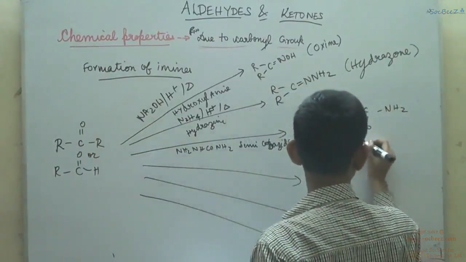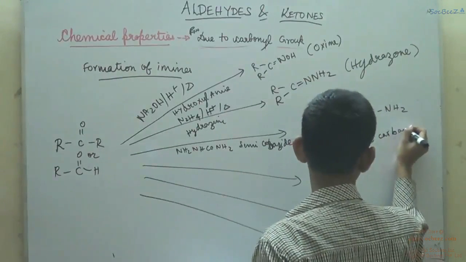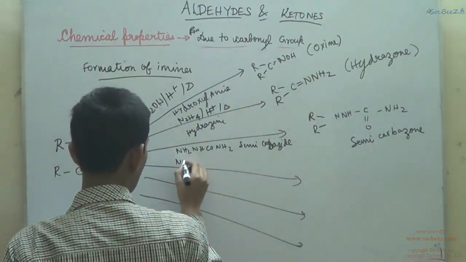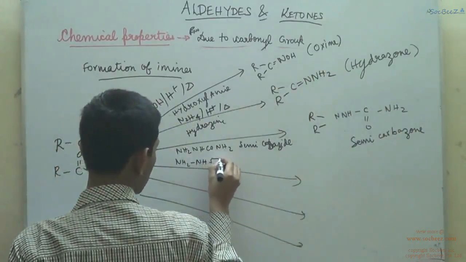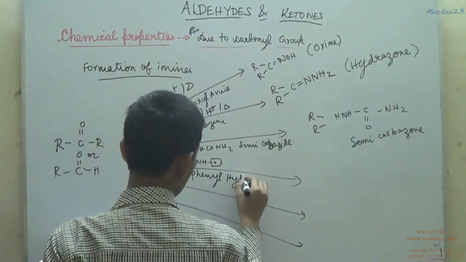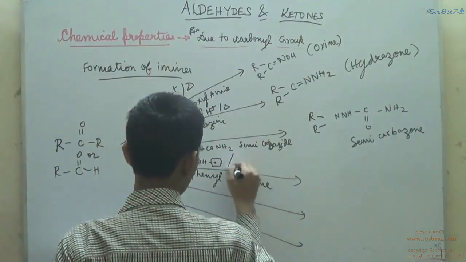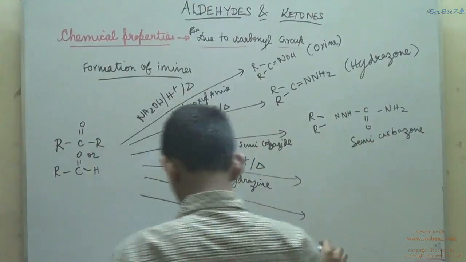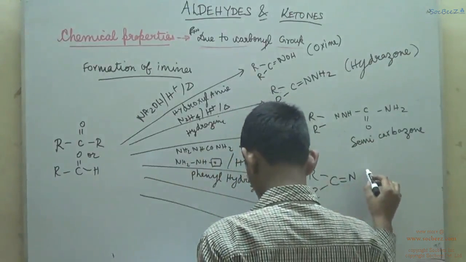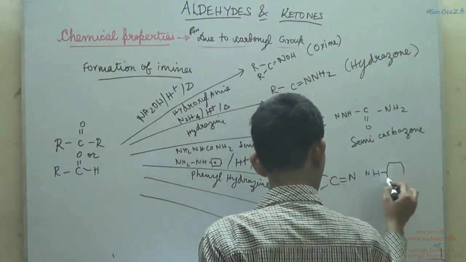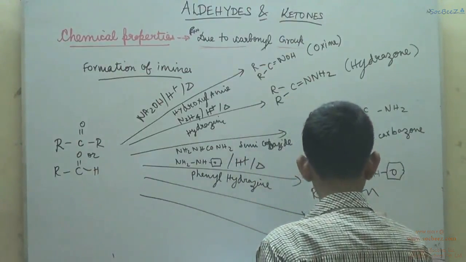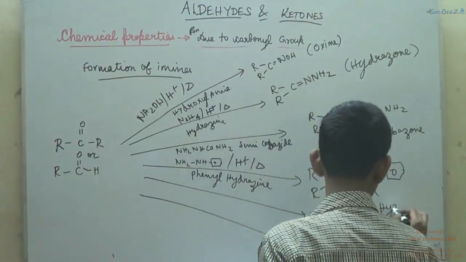This is semicarbazone. NH2NH with a phenyl group, this is phenylhydrazine. Heat and you will get a brown colored phenylhydrazone.